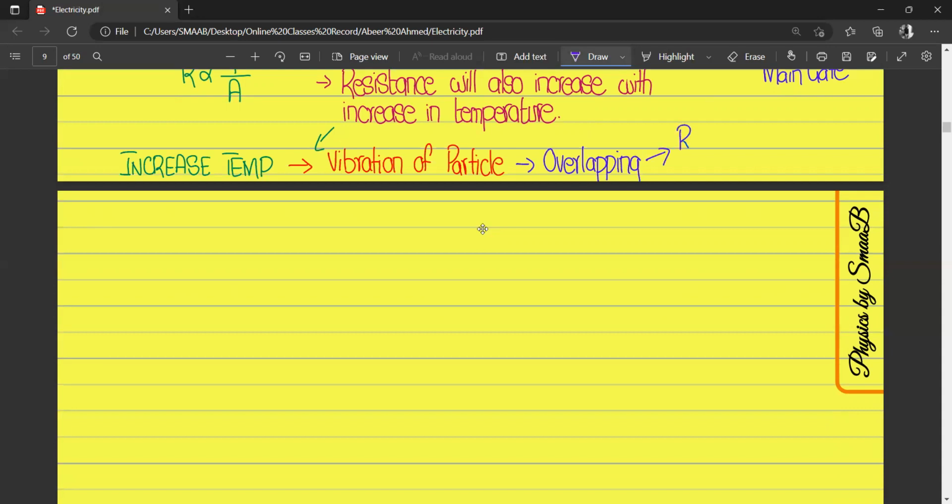Resistance will increase, right? So this is the most common reason and most common factor for how resistance increases with temperature. Any confusion?